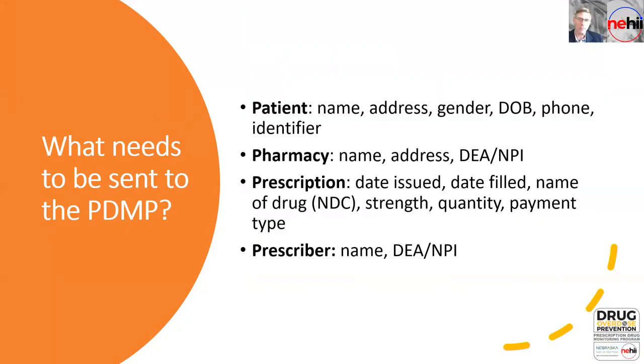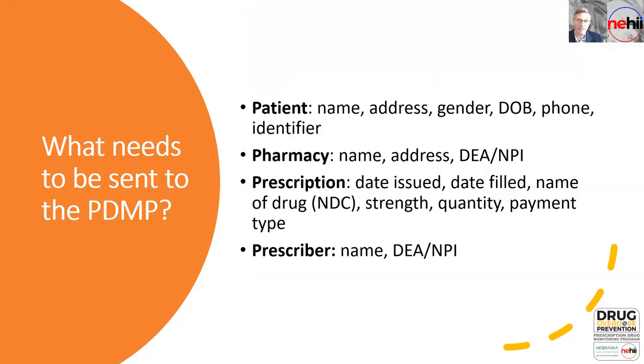So you can look on the PDMP to see if patients are receiving their prescriptions from multiple pharmacies. And that'll typically include the name and address of the pharmacy, as well as the DEA number, and it may also include the NPI if that pharmacy has one. The prescription information, of course, is key to this. It'll have the date issued or written.